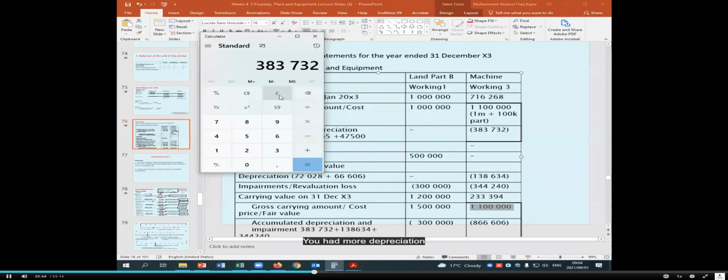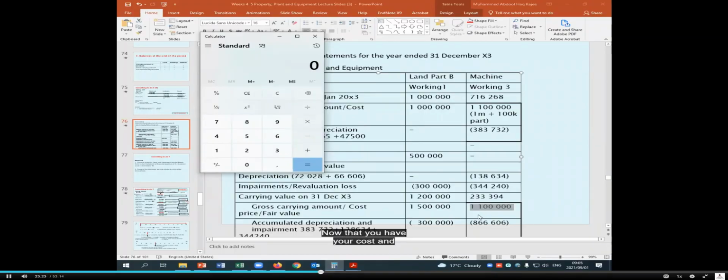You had more depreciation for this year of 138, and you had impairments of 344. And they go into the account accumulated depreciation and impairment. So that's how they get the 866,606.